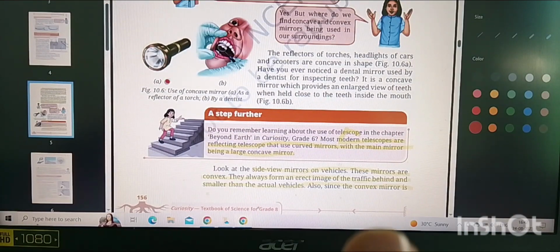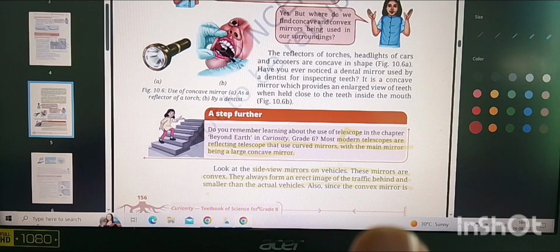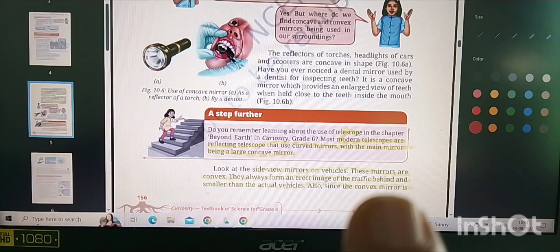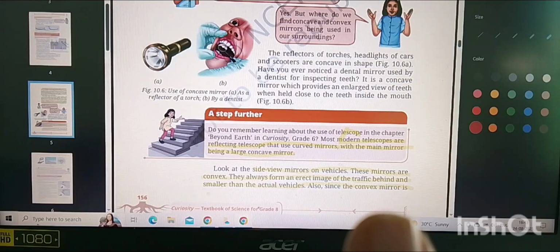Here you can see the use of a concave mirror. The concave mirror is used as a reflector of a torch, and also by a dentist. If you have ever visited a dentist, you could see this type of mirror being used. We already know that a concave mirror always produces an enlarged image, since it helps us see better. That's why dentists use this type of mirror.